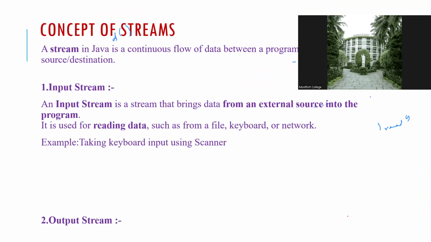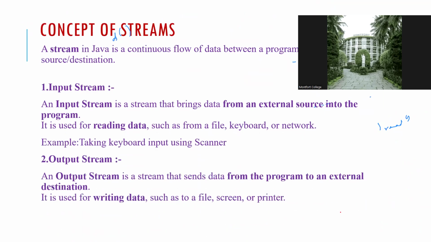Concept of streams. As I told you, IO stream is nothing but streaming. Stream means streaming of bits or characters from one file to another file. Here I have one notepad, and here I have another notepad. I can perform the read operation to take the values from this, and the write operation to write the data into the second file.